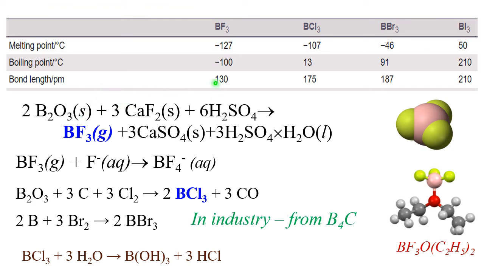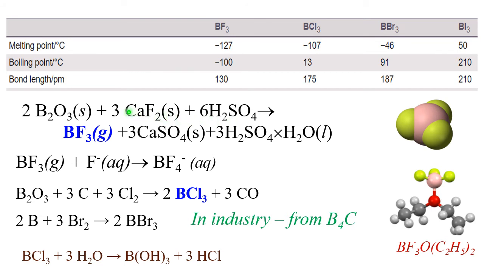To make halogen-containing compounds, you can directly react boron with halogens. But most commonly, we again start with boron oxide. Then we add calcium fluoride and sulfuric acid.